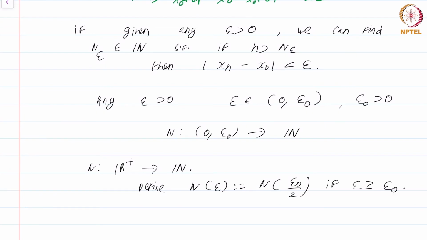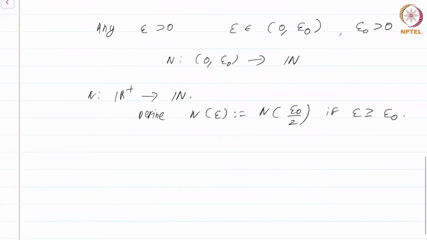Suppose you have satisfied the definition of convergence for all epsilon in the interval (0, epsilon naught). Then define the new function N, I'm choosing to use the same name for convenience, from R plus to N by N of epsilon is N of epsilon naught by 2, whenever epsilon is greater than or equal to epsilon naught. Why does this work?